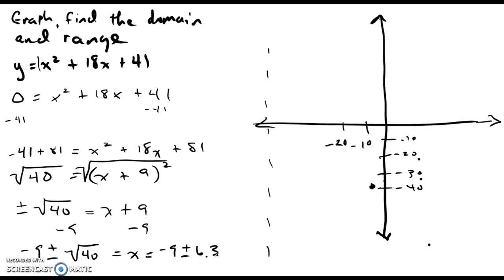So that means our x-intercepts are happening at two places: negative 2.7 and negative 15.3. So we're going to come up to the graph, and I'm going to have to approximate because my coordinate plane is so imperfect. So negative 2.7 and negative 15.3. And we're going to get a parabola that looks something like this.